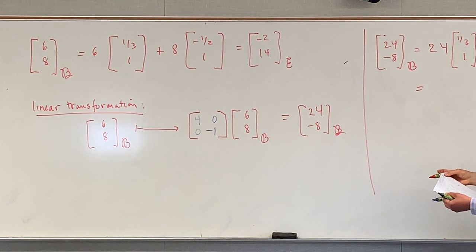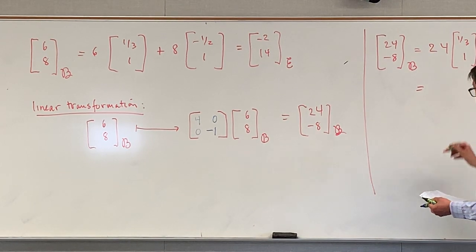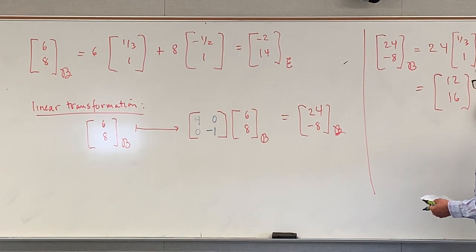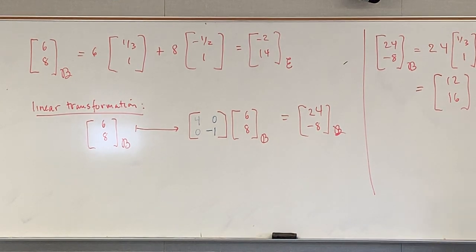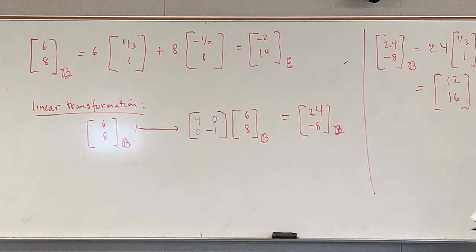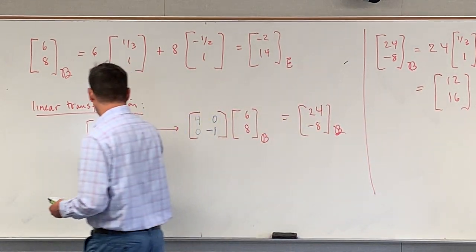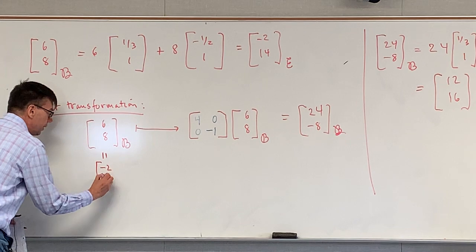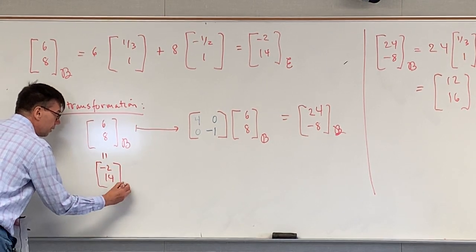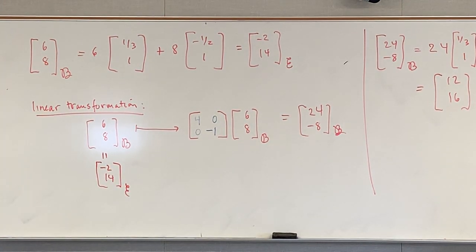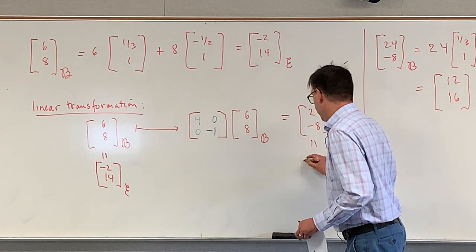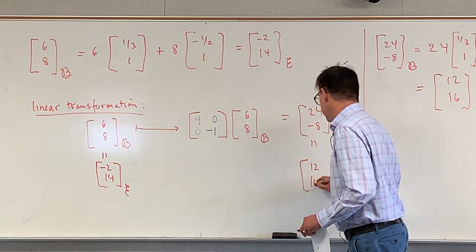And that comes out to be 12, 16 in standard coordinates. So this is what we're used to thinking of as the vector -12, 14, and this is what we're used to thinking of as the vector 12, 16.